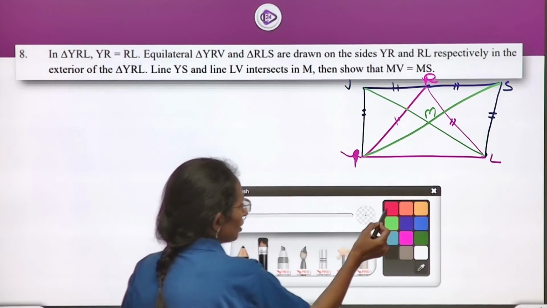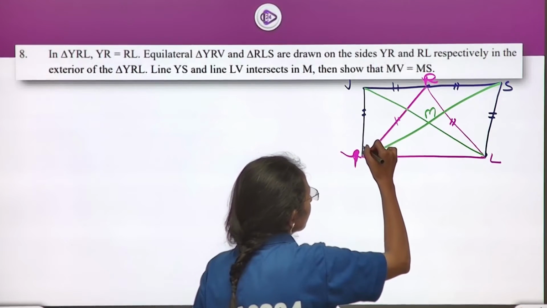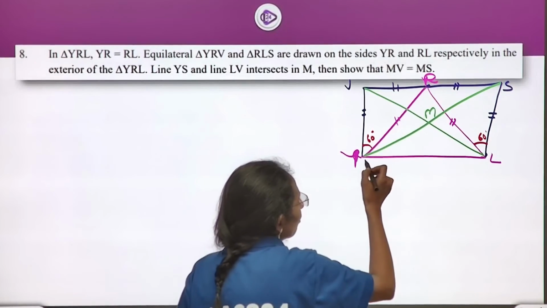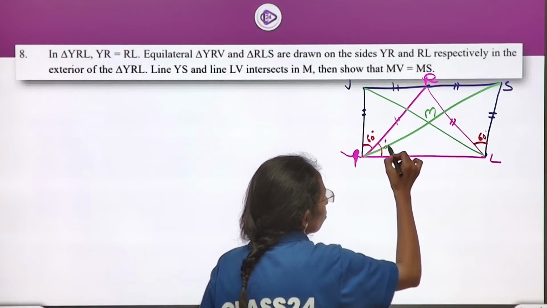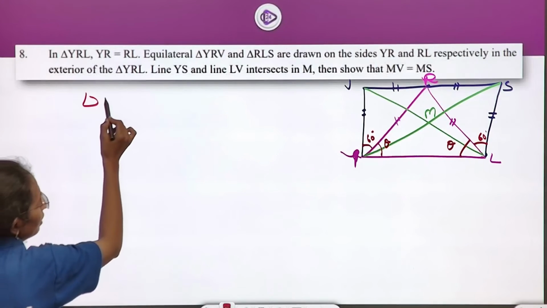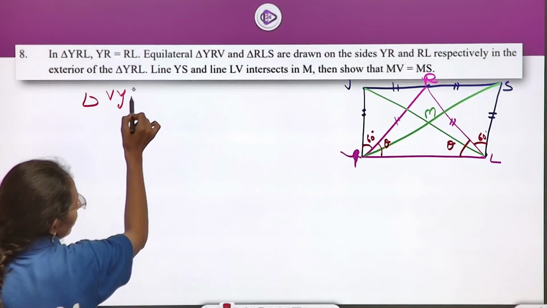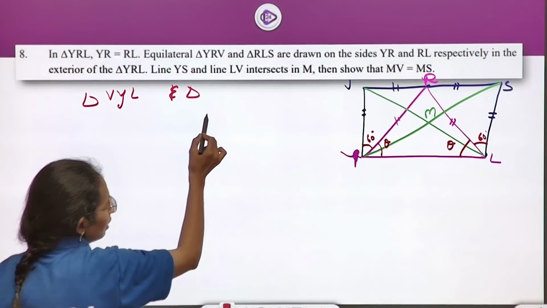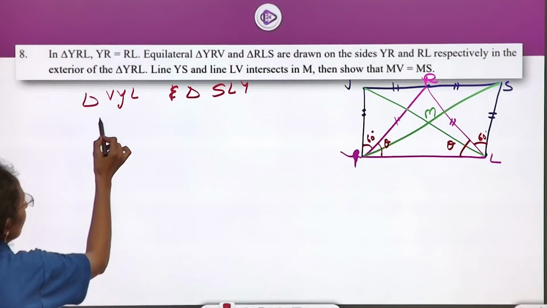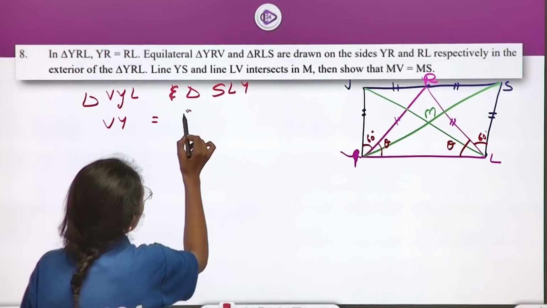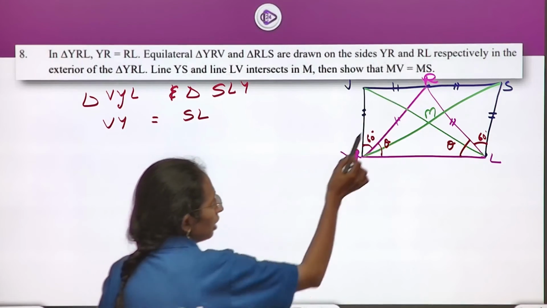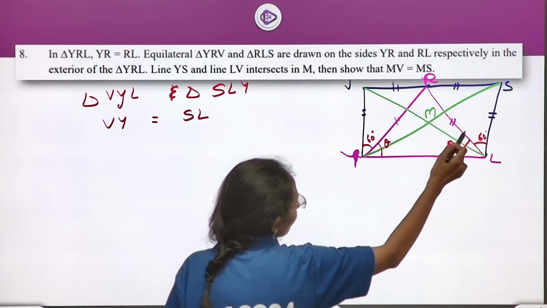Okay. Now first of all, since these are equilateral triangles, their angles are 60 degrees each, and YR is equal to RL. So these two angles will be equal. Now in triangle VYL and triangle SLY, first, VY is equal to SL, since RY and VY are equal, RL and LS are equal, and RY is equal to RL.